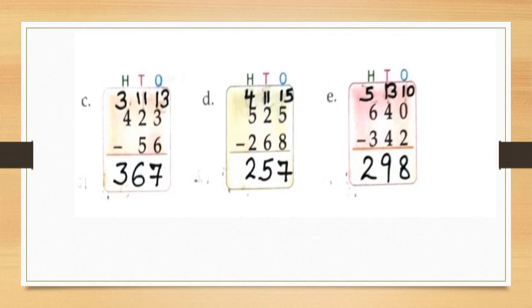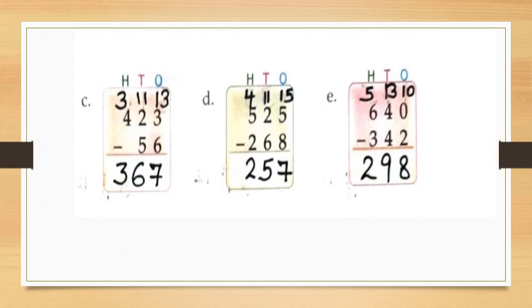Now at tens place, you can't subtract 4 from 3. So you will borrow 100 from 600 to make 5 hundreds and 13 tens. Now at tens place, 13 minus 4 is 9. So write 9 under tens.